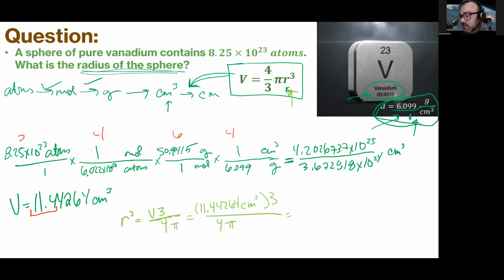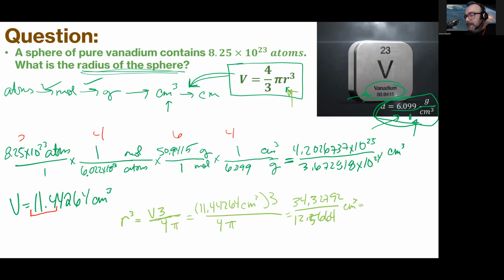Times 3 is 34.32792. And then the bottom is 4 times pi, which is 12.5664 centimeters cubed.